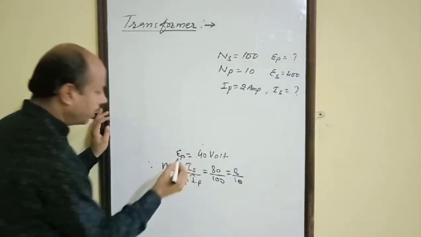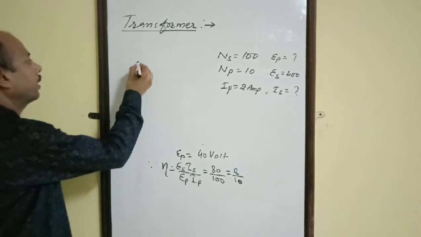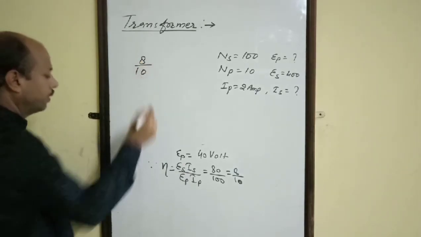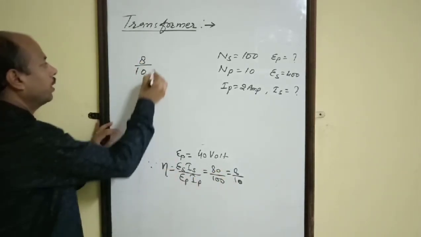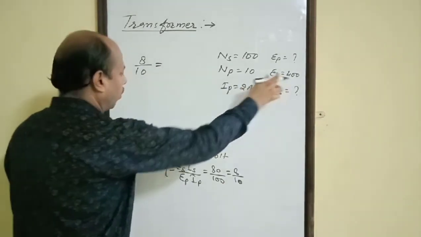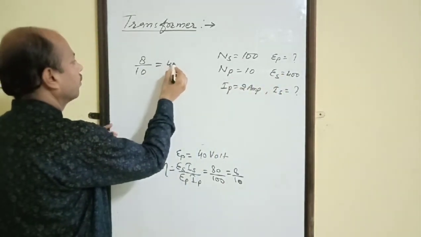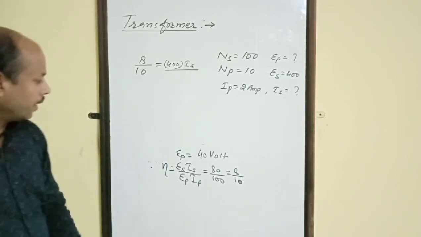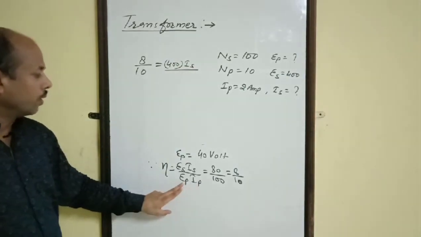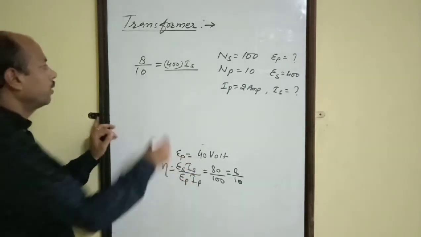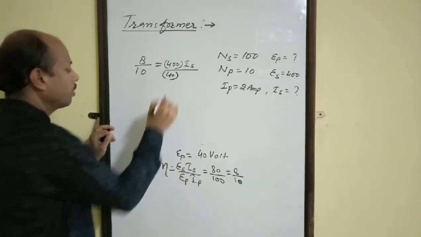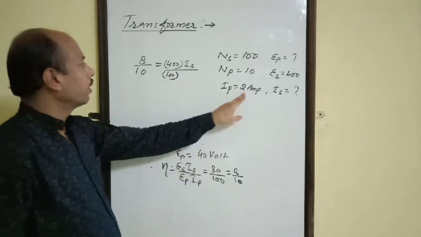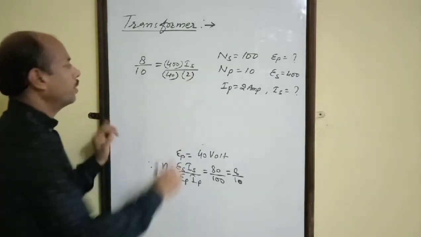Here we know that 8 by 10, that is the efficiency. ES is 400. You have to find out IS, EP, IP. EP just we have solved, 40. IP that is given, 2.